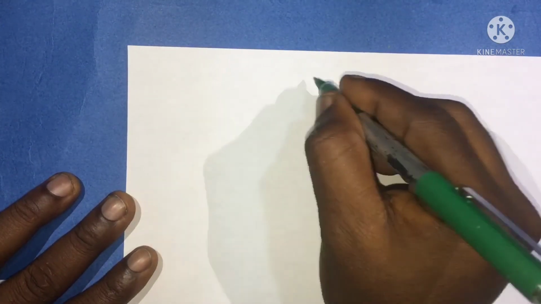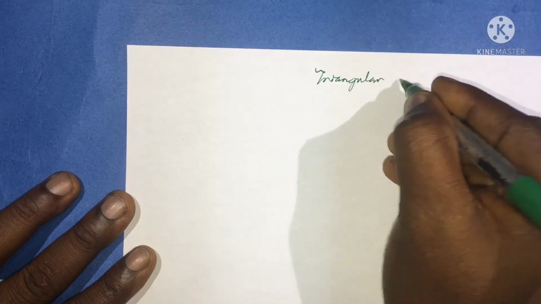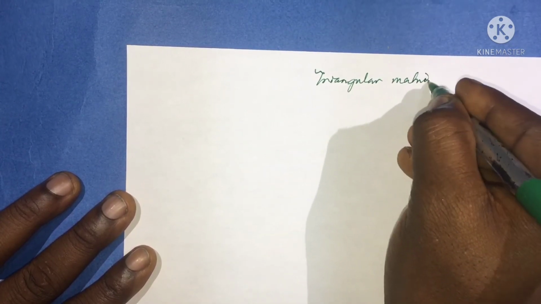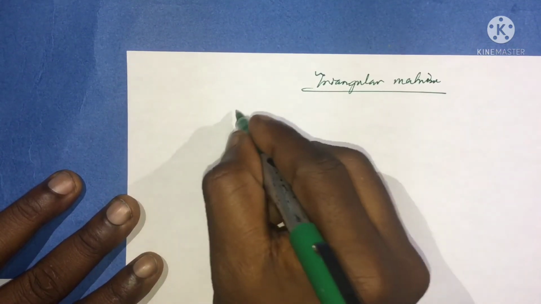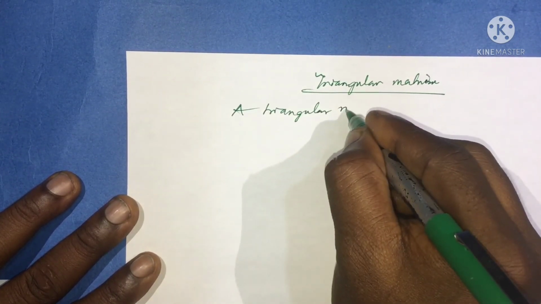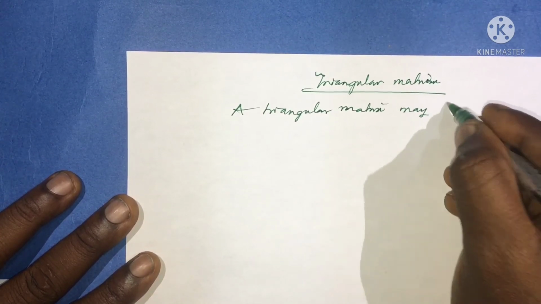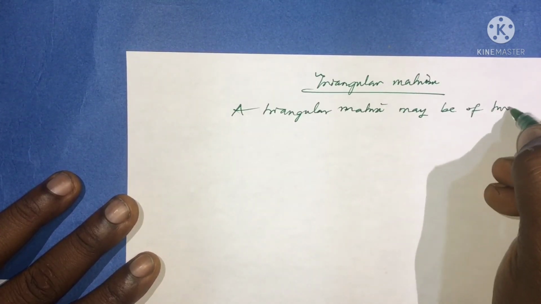So that being said, let's go to the last discussion. And my last discussion is on the triangular matrix. So what is a triangular matrix? So I'm going to start this with saying that a triangular matrix may be of two types.